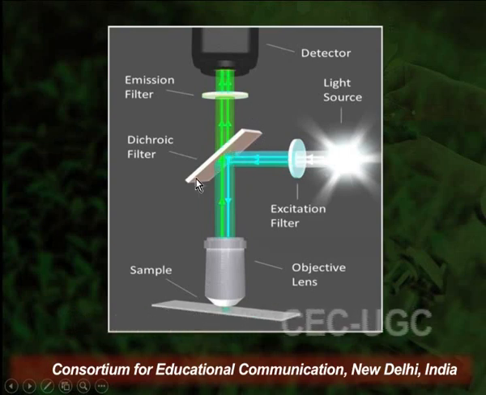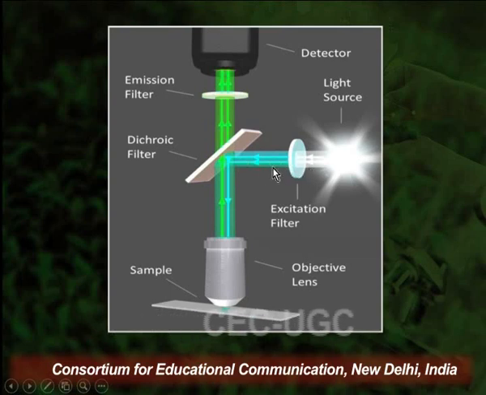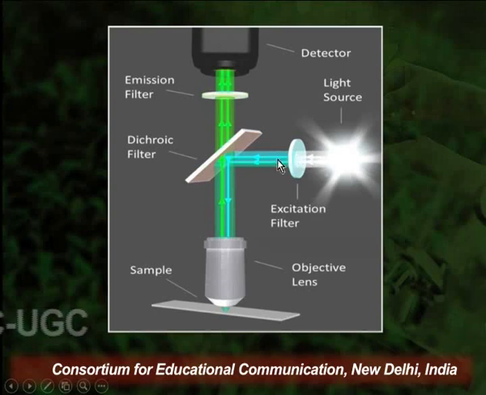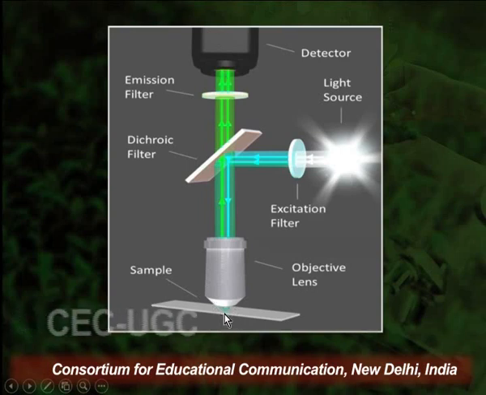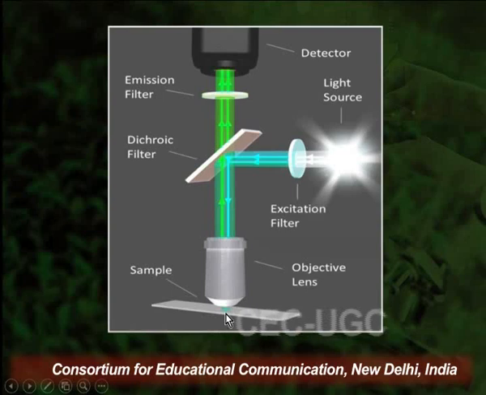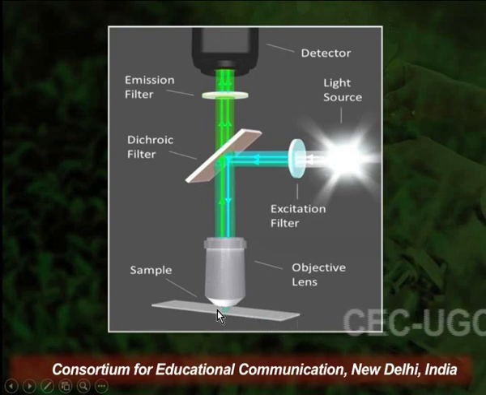The dichroic filter is adjusted at an angle of 45 degrees. So the light belonging to the excitation spectrum or illumination spectrum is now directed towards the sample. Now this sample is very specifically and very meticulously stained with fluorophores. Fluorophores are those molecules which exhibit fluorescence, which show the phenomenon of fluorescence.